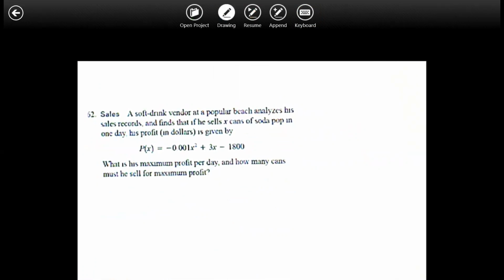At what price can he sell the cans, and how much money will he make off that profit? What are we basically finding again? Maximum. What is our a in this case? Negative 0.001. What's our b? What's our c? There you go. Those are going to be the answers for those.